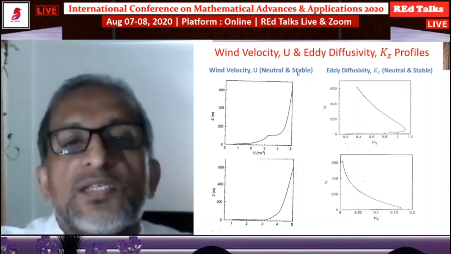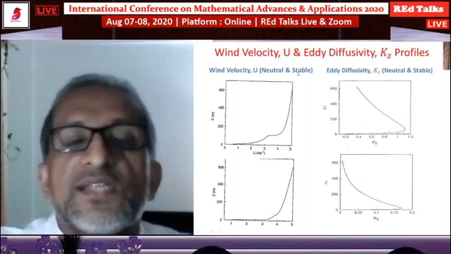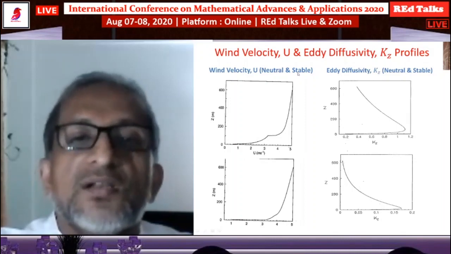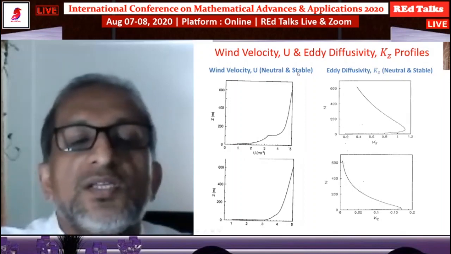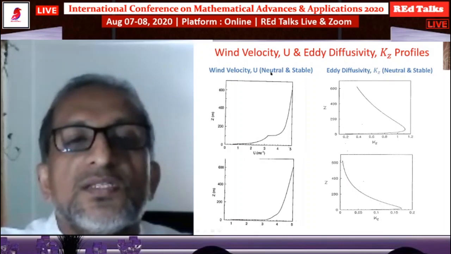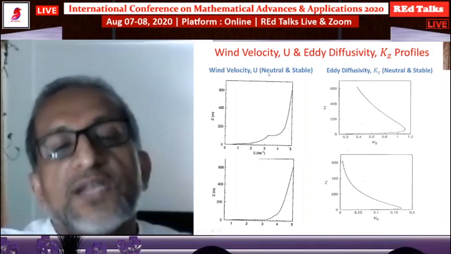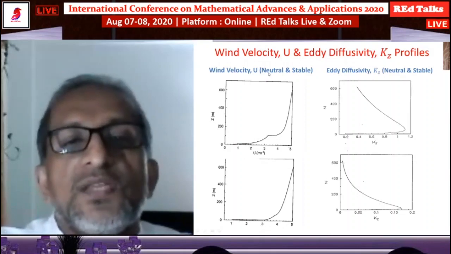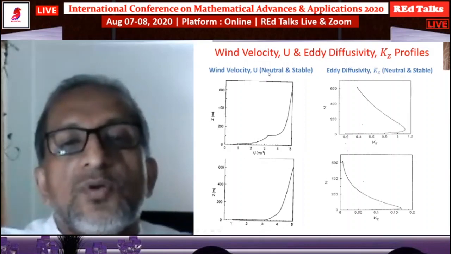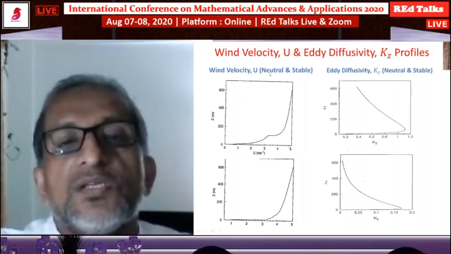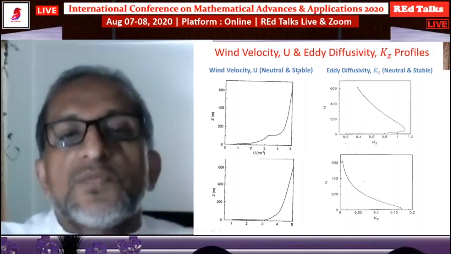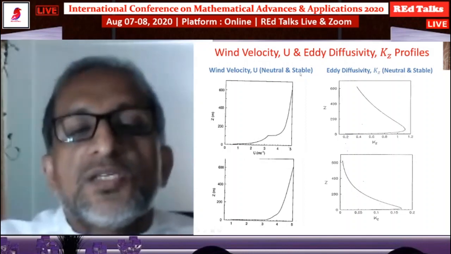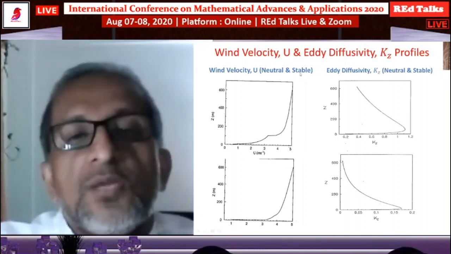The stable condition happens after sunset till sunrise, and the neutral condition is just before sunrise and just after sunset. So it is for a very small time, but these are the major atmospheric stability conditions, which are not good for air pollution.